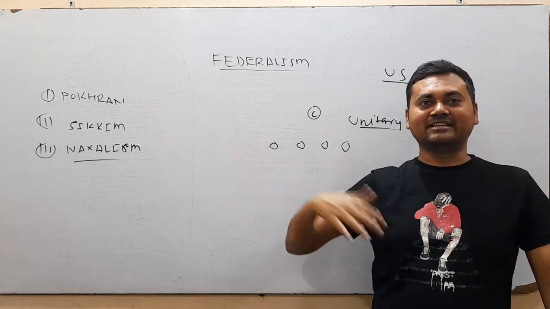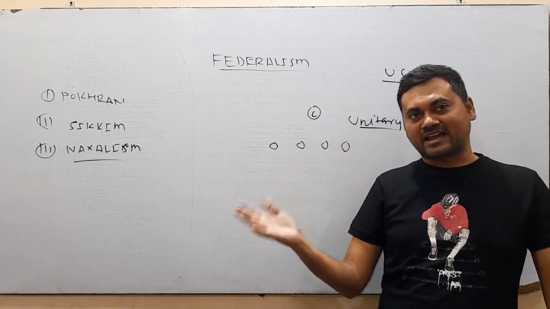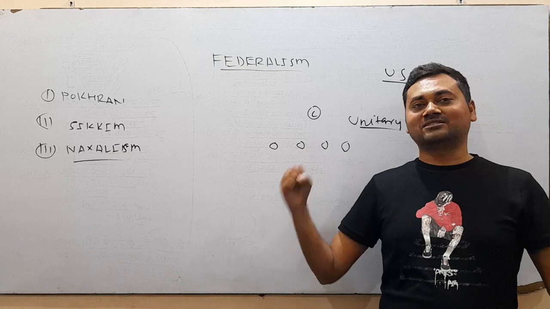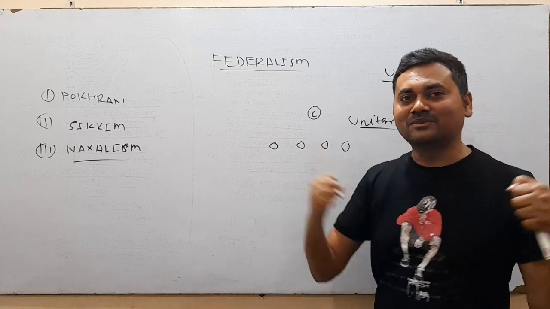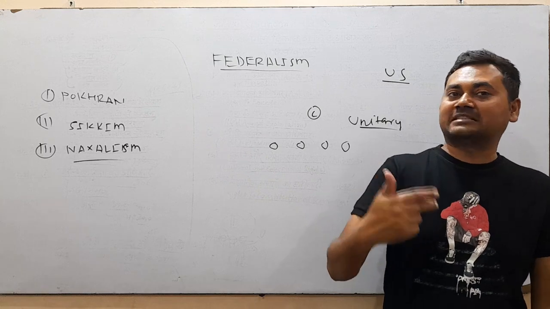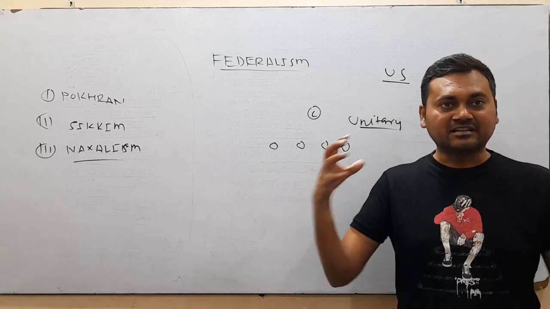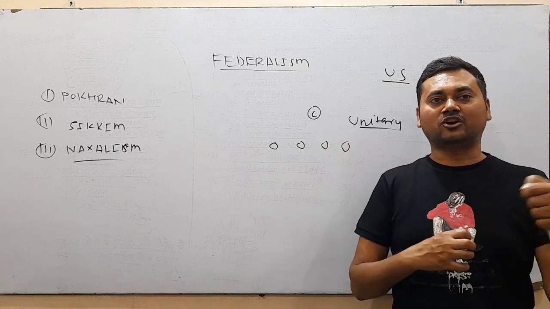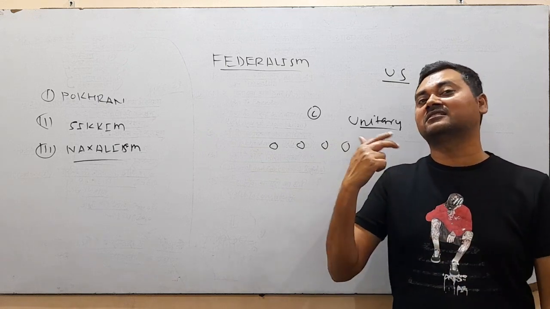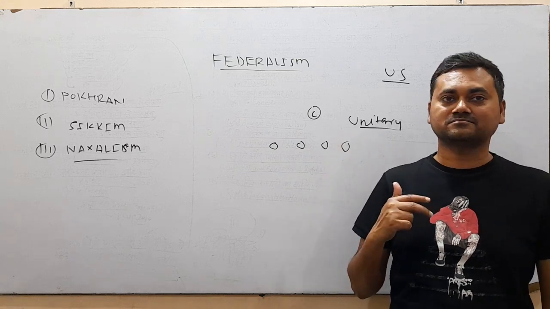Because it is not given in any list, the state has the right and the center has the right. But when both of them come to fight with each other, the law of the central government will prevail over the state government. I mean, if there is any conflict between the law of the center and the state, then the law framed by the central government will prevail.